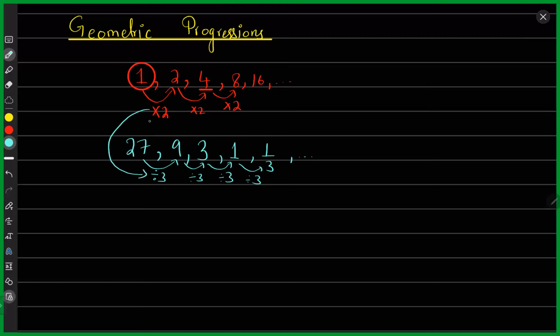The idea is, in geometric progression, in order to get the next term, either you would be multiplying the previous term with a number, or you would be dividing the previous term with the number. You can think about it directly like this. I'll talk about it in a while.